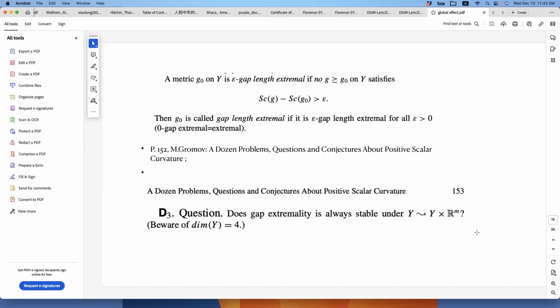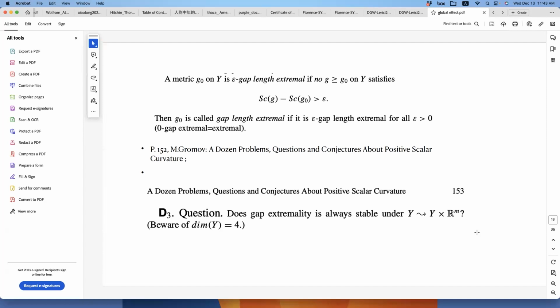And G0 is gap length extremal if this holds for all positive epsilons. Professor Gromov also asked the following question: is gap extremality always stable under Riemannian product with a Euclidean space?